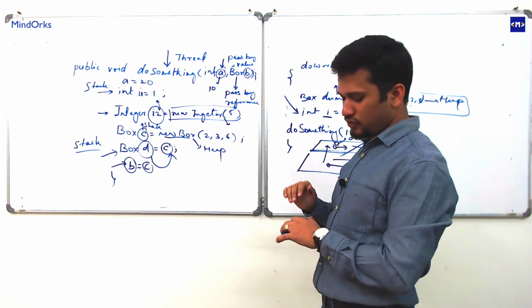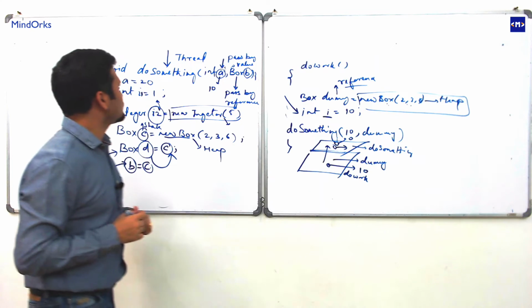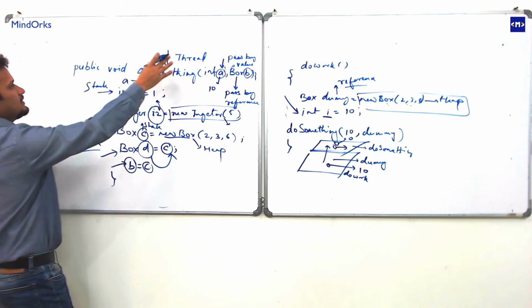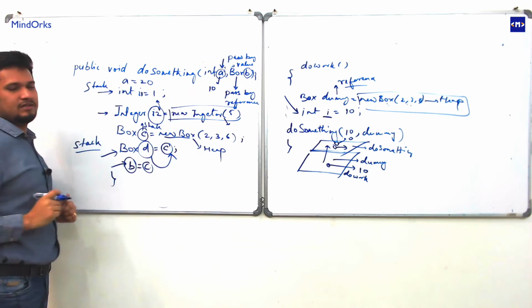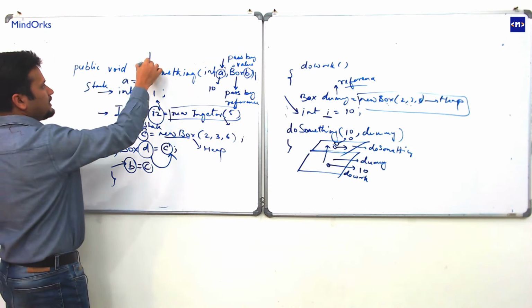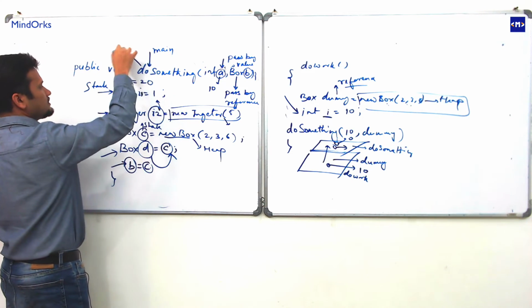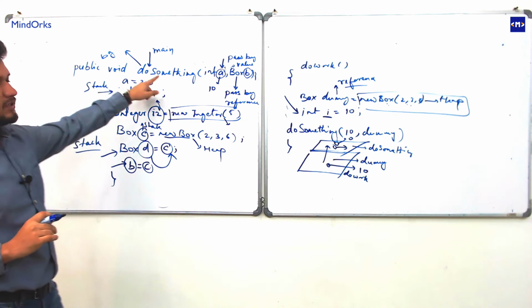So till here we have understood how the stack and heap are actually getting used. Now let me ask you a question. Listen carefully. Suppose there are two threads. You call this method using your main thread, and you call this method using some background thread. So two threads are called.